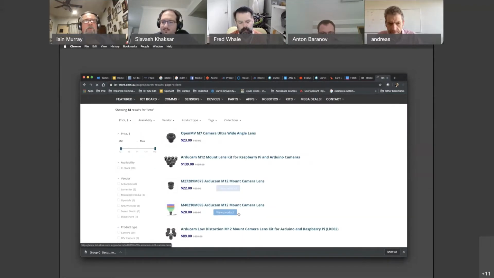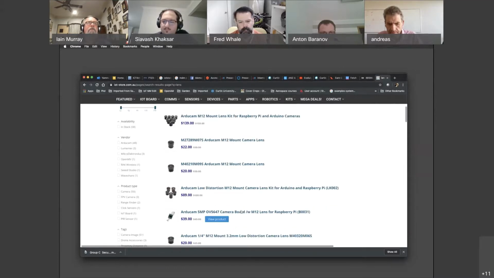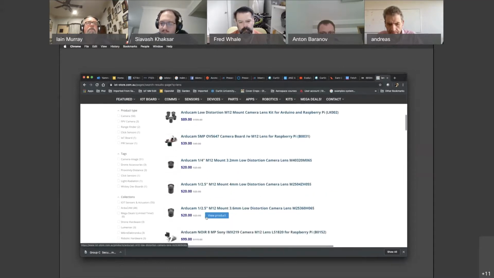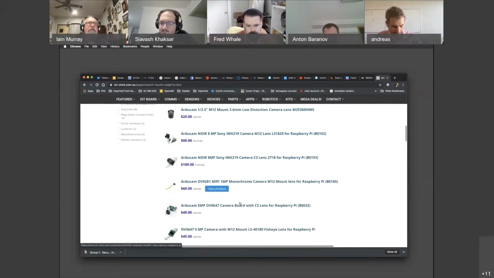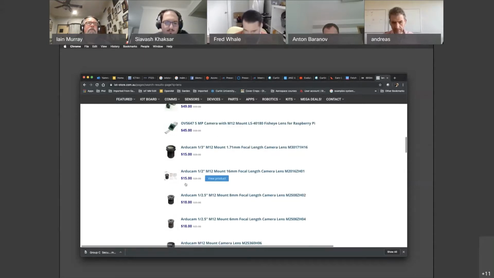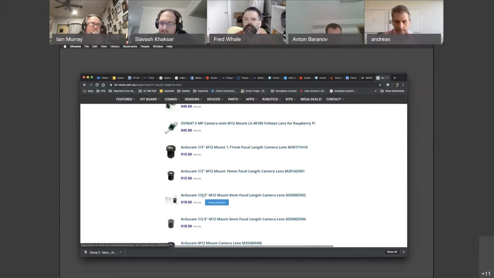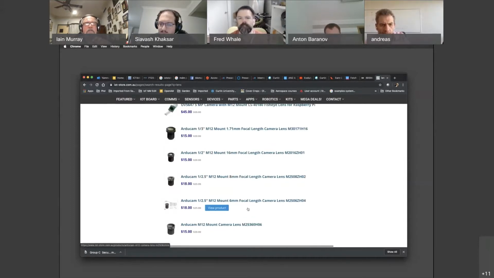There was a whole set of lenses specifically for this Arduino camera that you can get, and they are not expensive, as you can see, $15 Australian for these lenses to put on the camera so you can zoom in or have the correct focus on what you're trying to identify.